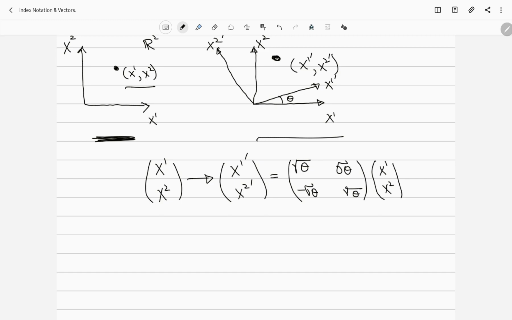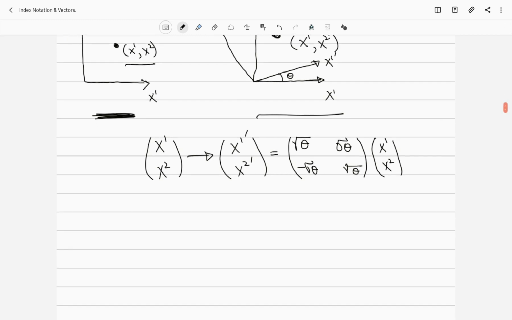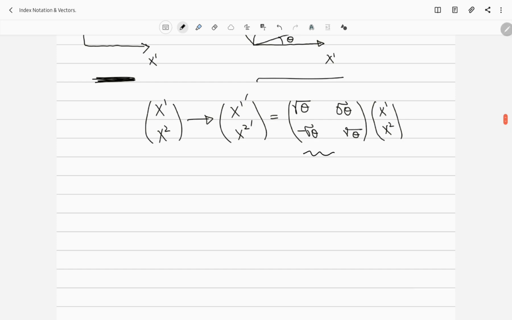So this is in terms of matrices. Now, let's take this matrix and call its elements lambda 1 1 prime, lambda 1 2 prime, lambda 2 1 prime and lambda 2 2 prime.